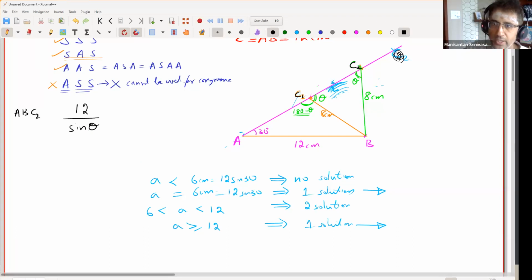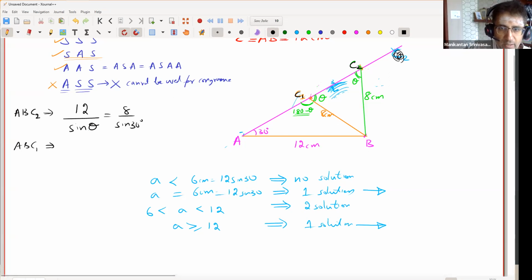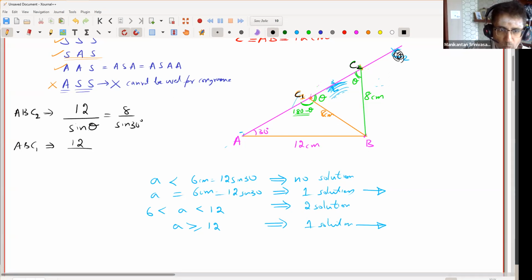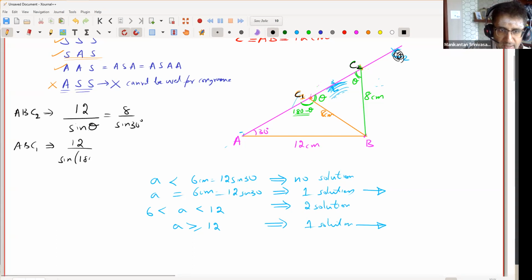If I'm looking at ABC2, then applying the sine rule, 12 upon sine theta is 8 upon sine 30. If I'm looking at the triangle ABC1, 12 upon sine 180 minus theta is 8 upon sine 30. Then is there a violation?